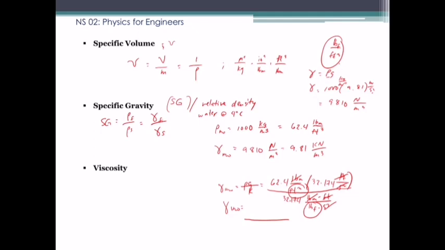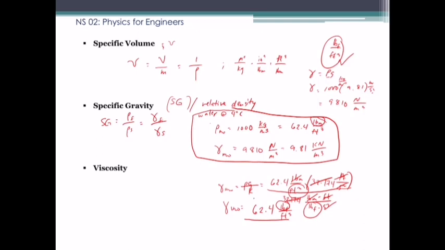As you may notice, 32.174 is also cancelled, so this is 62.4, the same numerical value as its density, but take note that the density is pound mass per cubic feet, while this one is pound force per cubic feet.